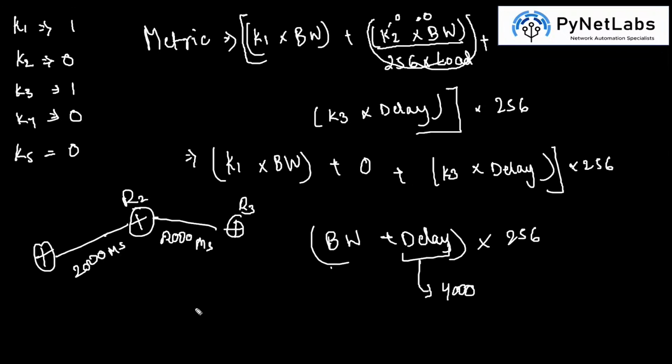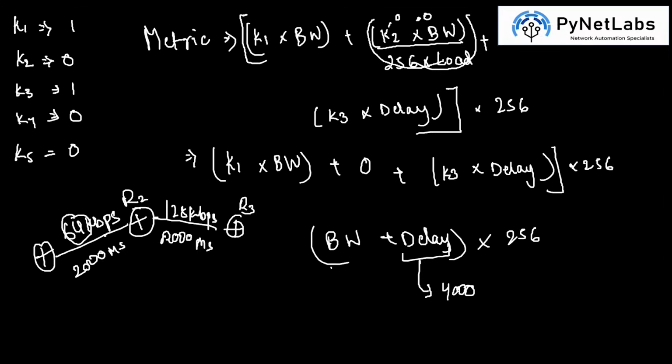You have to take the sum of these delays between links, and when it comes to bandwidth, you have to choose the lowest bandwidth over links. So let's say here we have 64 kbps and here we have 128 kbps. We know that 64 is less than 128, so I'll be using 64 in the calculation of the metric. I hope you guys understand this now. And so this was all about the metric calculation of EIGRP.